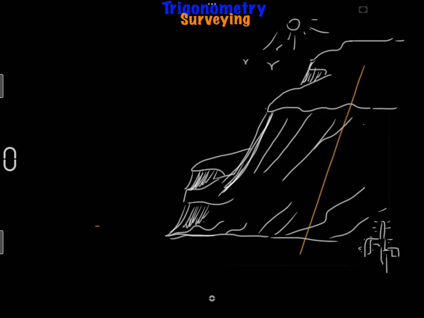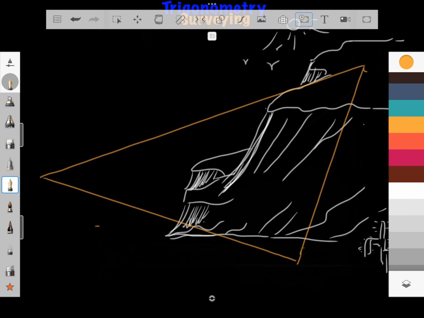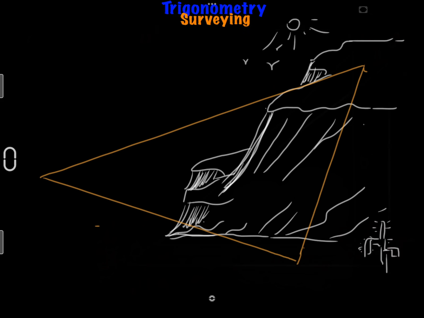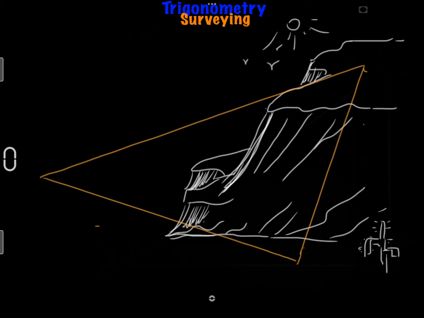Okay, then we have another individual standing on the other side. Okay, we have another individual standing in the corner there. Now the scenario goes like this for this exercise.